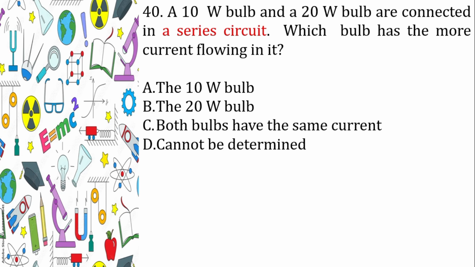In a series circuit, the current is the same in each bulb, but the voltage is different. In a parallel circuit, the current is not the same in each bulb, but the voltage is the same. Here, the circuit is in series, which means the current flowing in each bulb is the same, regardless of whether it is a 10 watts bulb or a 20 watts bulb. So the correct answer here is letter C.